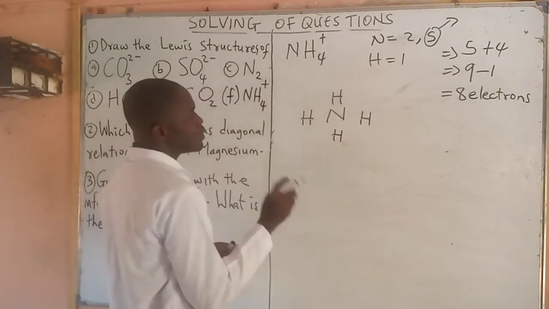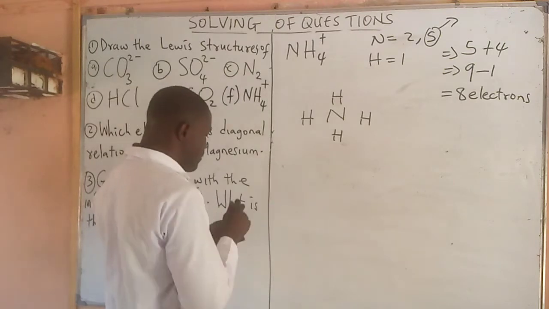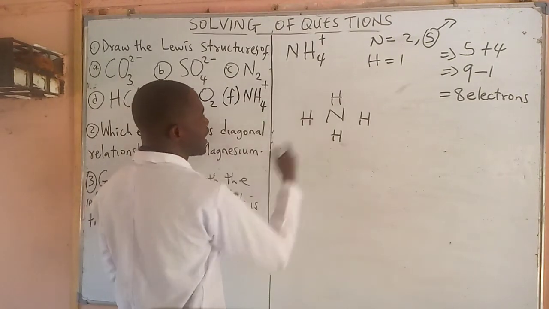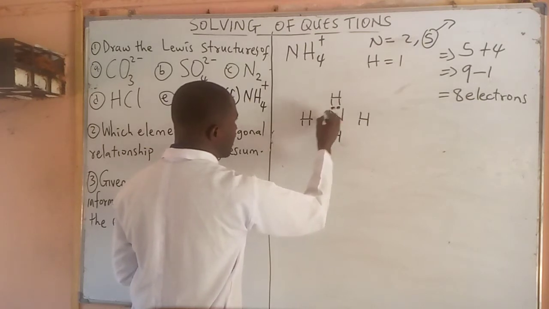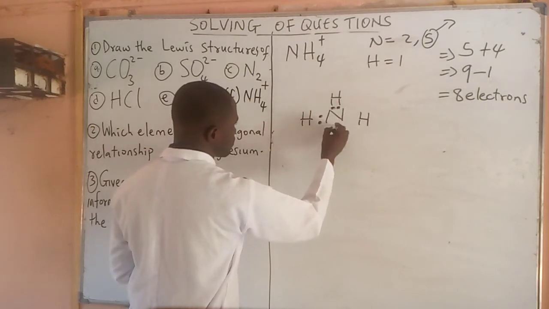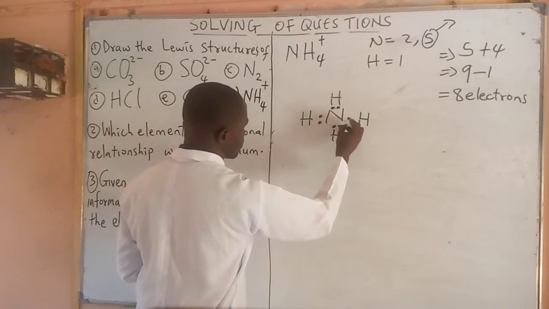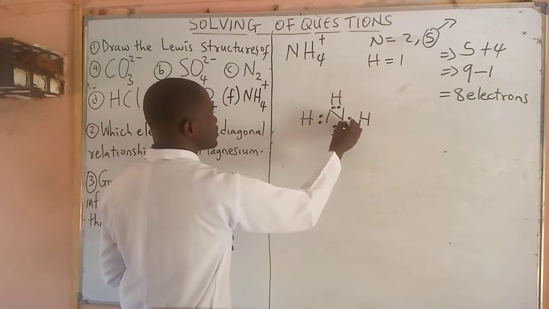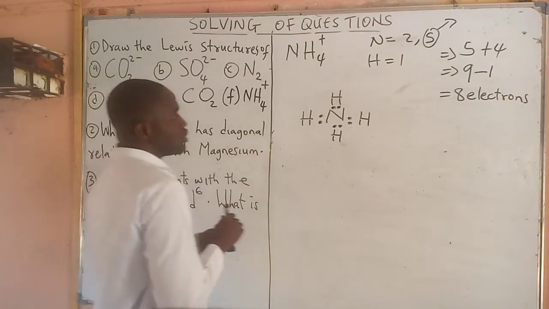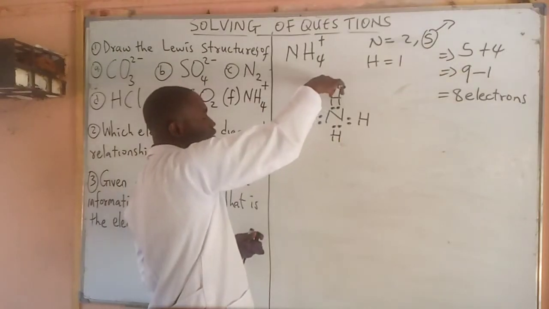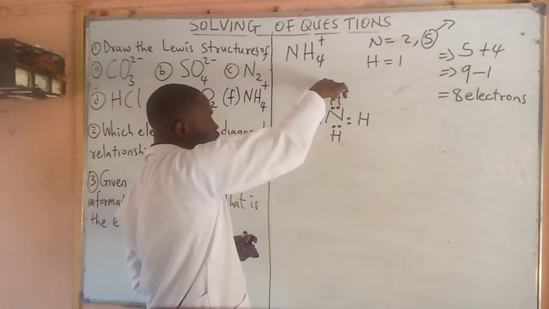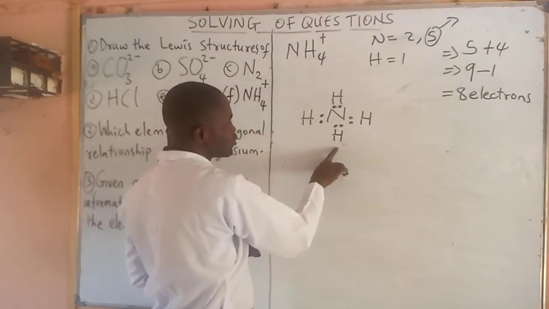So the rule says assign a pair of electrons in between the bonded atoms. You put 2 electrons, which means a pair. You have assigned that, and that tells you we have 8 electrons. Each hydrogen has attained a duplet structure.